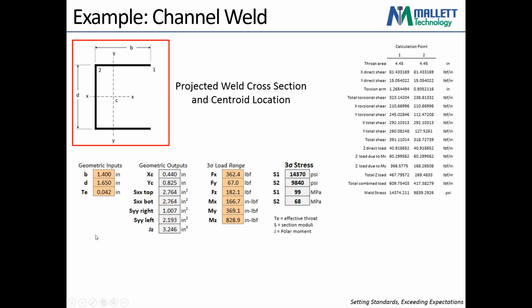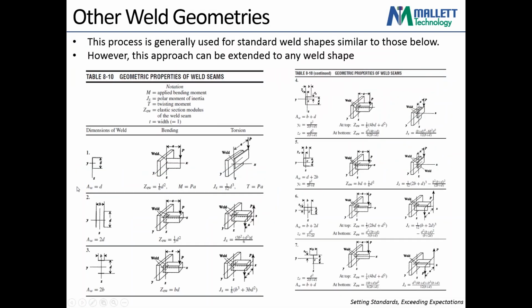And then I've started with my weld stress calculation, right? So first things first, I have to determine my geometric characteristics, right? So that's just dimensions of the weld length as well as moment of inertia values. All right, so for standard welds, these values are generally tabulated in textbooks and online. This is just a small subset of different weld shapes that are possible.